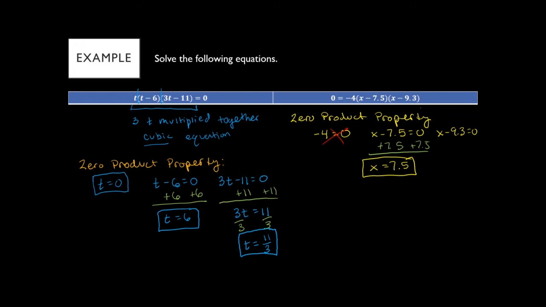It's basically the opposite. I'm running out of room here, so I'm going to rewrite this one nicer. So the other one, you add 9.3 to both sides. And so your answer is 9.3 because it was x minus 9.3. So our answer is a positive 9.3.